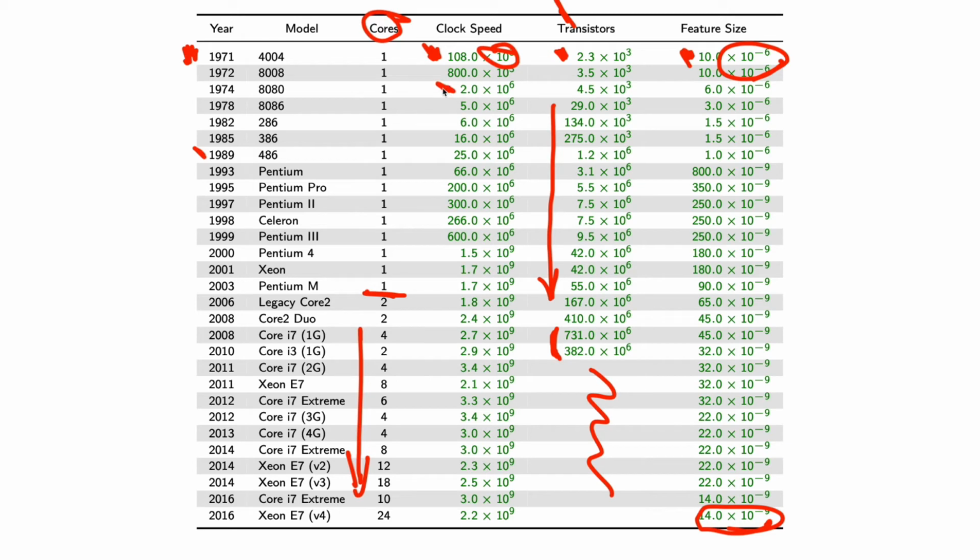Intel was clocking the 8080 at 2 megahertz, and around the turn of the century we reached the 1.5 gigahertz barrier, 1.5 times 10 to the ninth. But if you look at these numbers, what you'll see since then is that the clock speeds have gone up a little, but not by orders of magnitude, right?